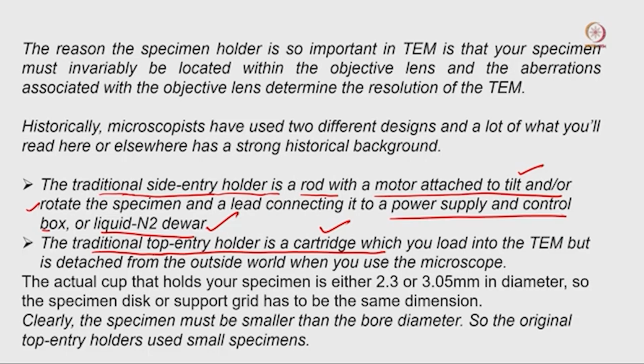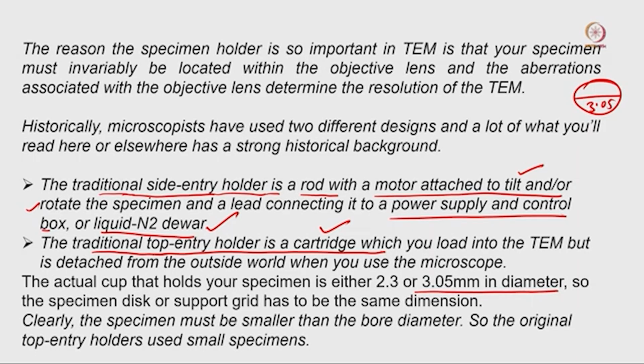The term cartridge will come again and again, but we are not using the top entry holder for our Cryo-EM purposes. And when I was talking about the grid, it is a circular metal piece, and I told you that its diameter is 3.05 millimeter, and you can also see it written there as 3.05 millimeter.